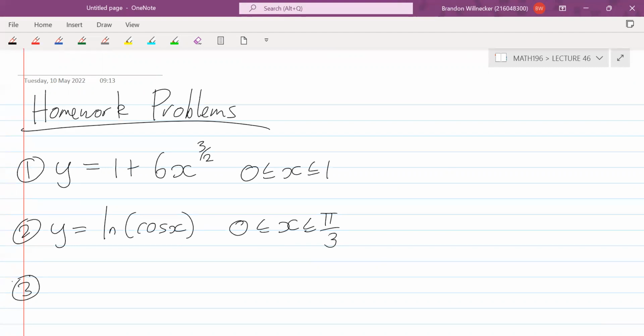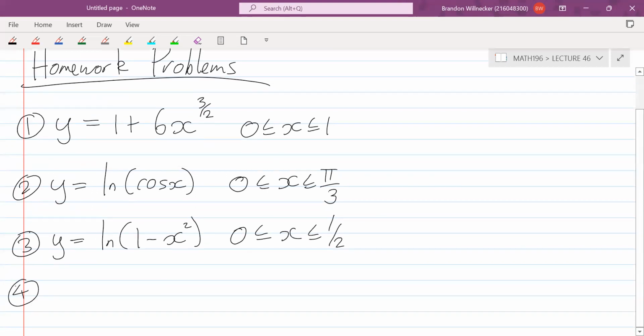Number 3, we have y is equal to the natural log of 1 minus x squared, and x goes from 0 to half.